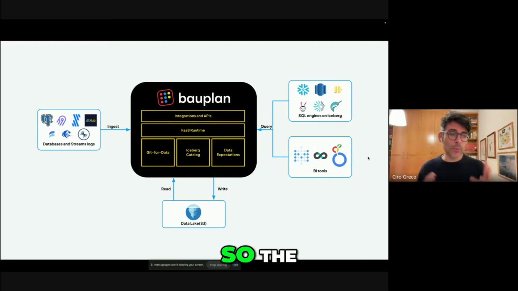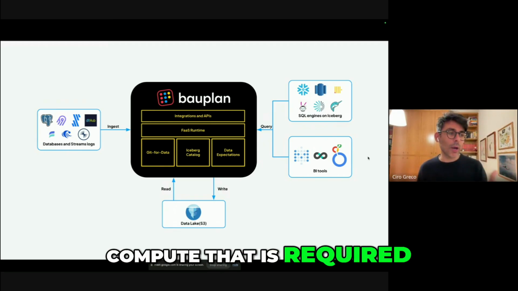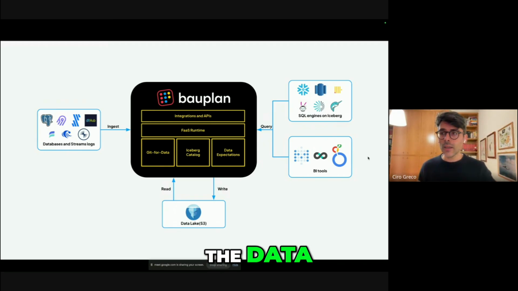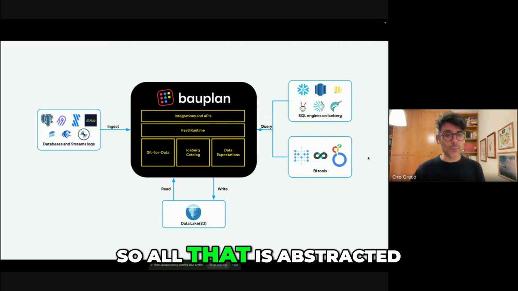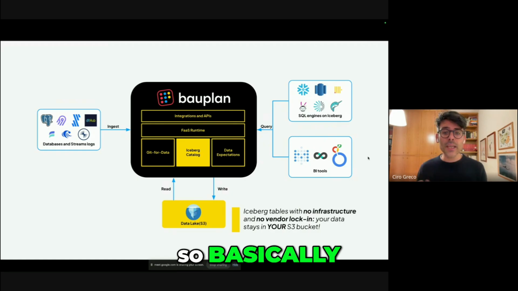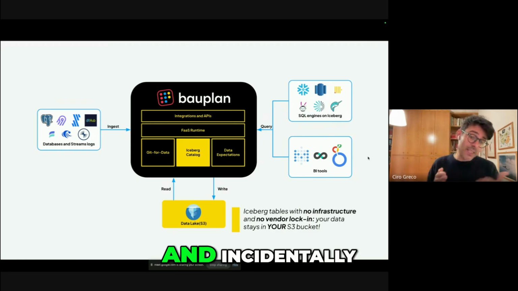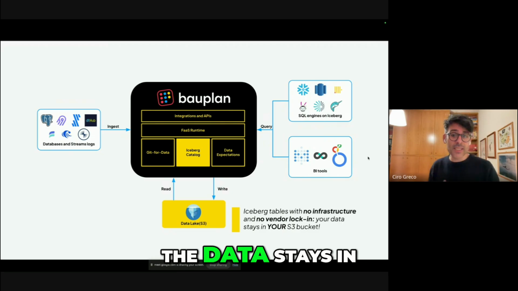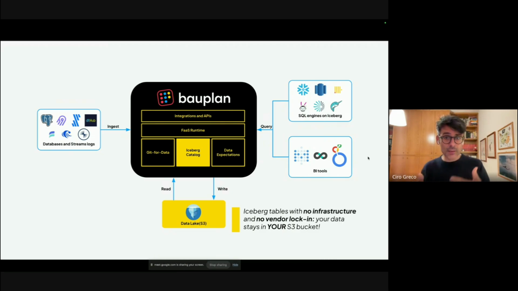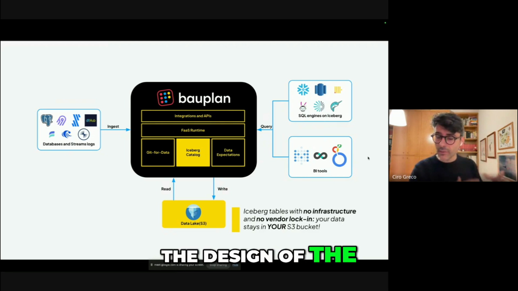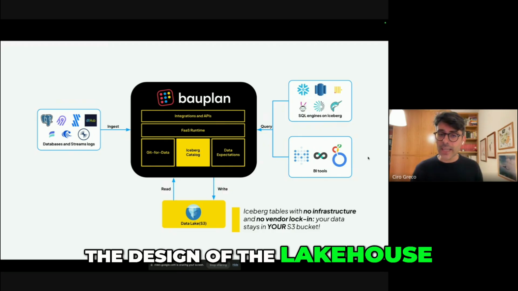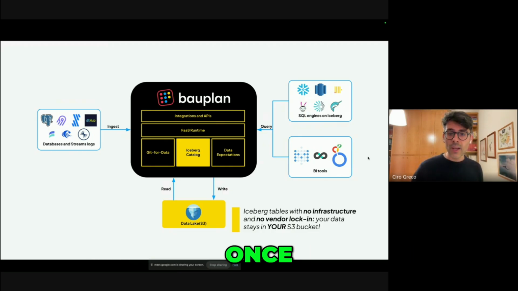And the runtime, so the portion of the compute that is required for you to manipulate the data. For instance, you want to import some new data, or you want to transform the data with a pipeline, or you want to query. So all that is abstracted. So basically, you get Iceberg tables with no infrastructure management, and incidentally, no vendor lock-in because the data stays in your S3 bucket, as the design of the Lakehouse wants.